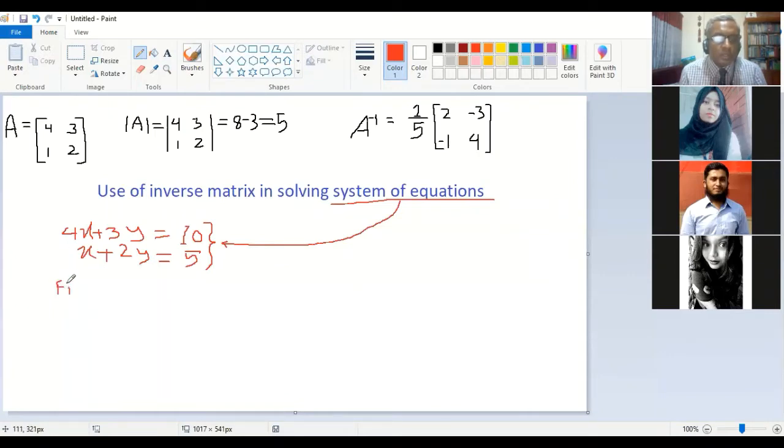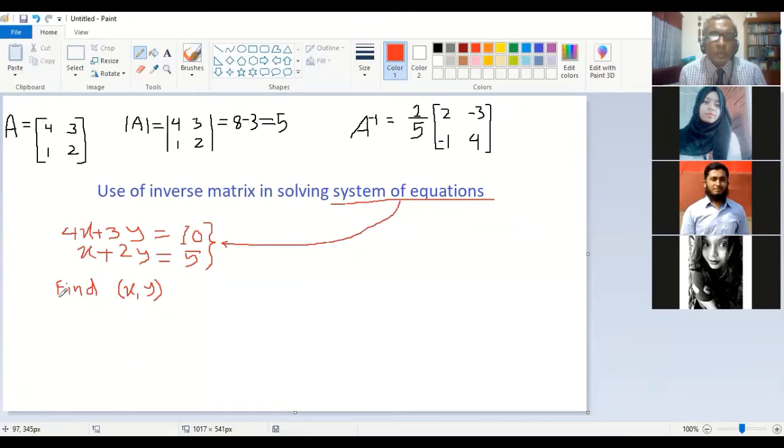There are many different ways you can find the x value and y value, but you can also use the inverse matrix here. So I will show how to use this idea and find x, y. Is it okay? You know about this? Yes, sir.